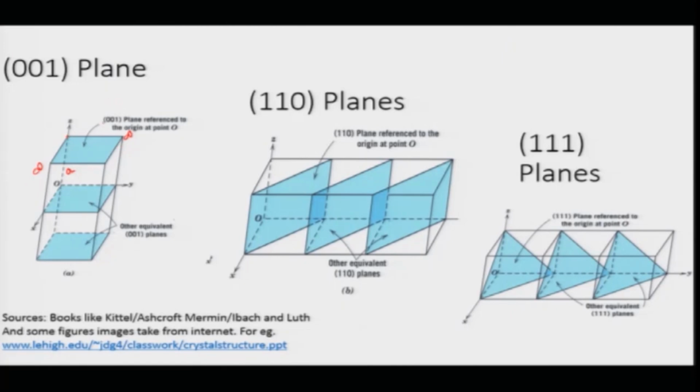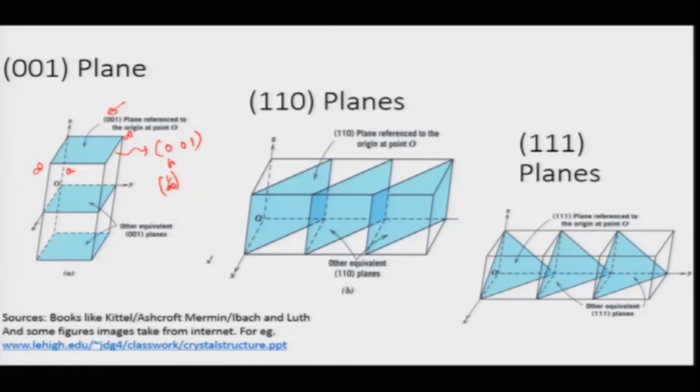So the Miller's indices for this plane is 0, 0, 1. You remove the comma. The Miller's indices, this is of course 1 over infinity, it will give 0, 0 and 1. So the 0, 0, 1 plane defines all the planes which are cutting the z axis and parallel to the xy plane in the cube.